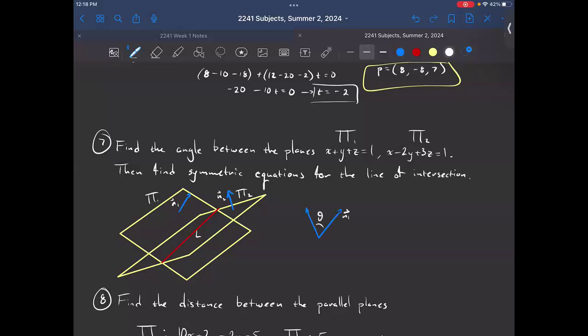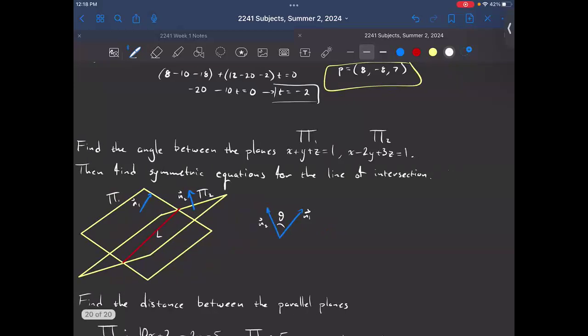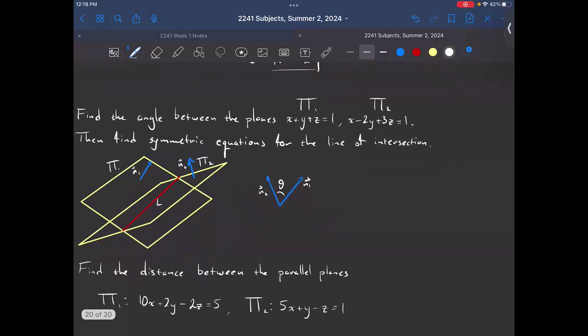All right. What do we do then? Well, we find the normal vectors of these planes first.